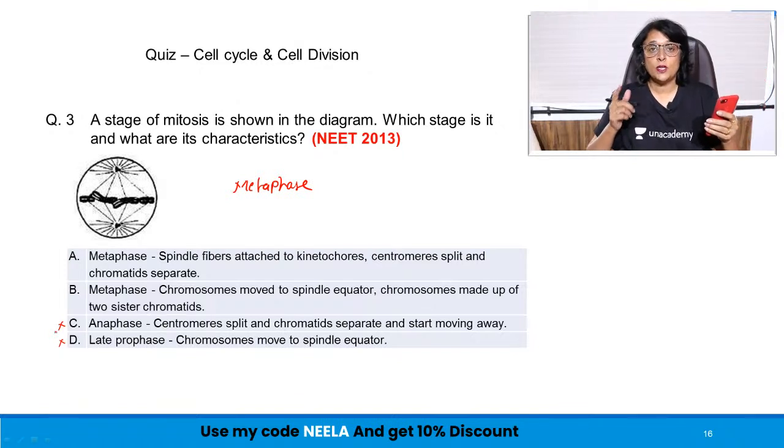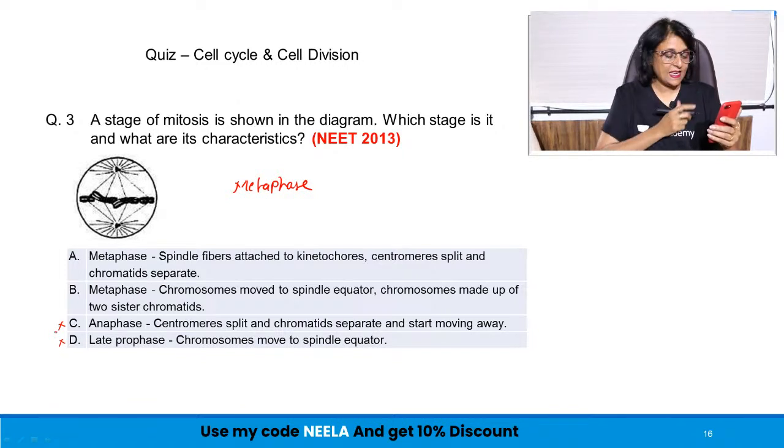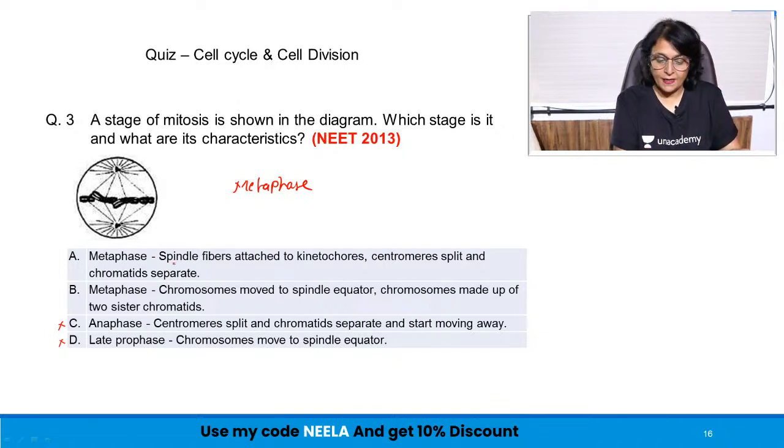Now options A and B are the only options which are talking about metaphase. Let us read the statements. In option A, it says metaphase, which is correct, and spindle fibers attached to kinetochore, which is correct. The spindle fibers are attached here to the kinetochore.